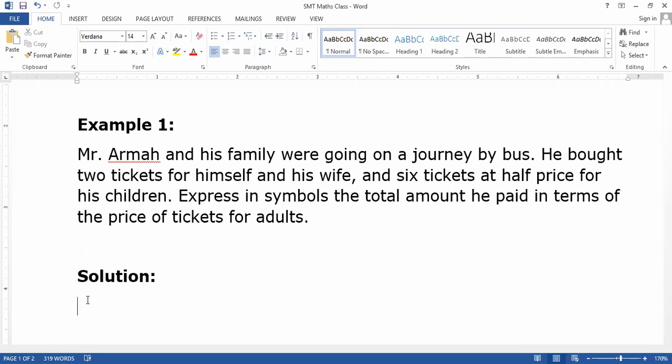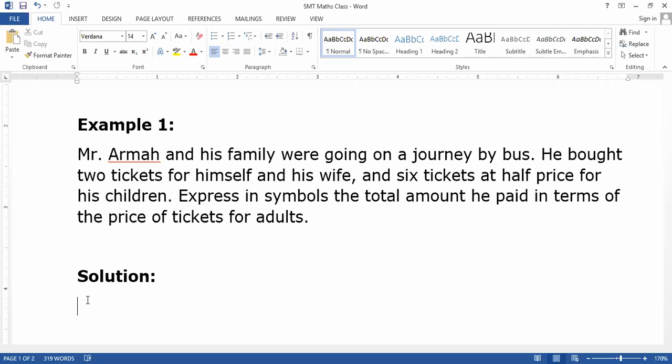As we just said, the statement needs to be represented using symbols to stand for the figures.